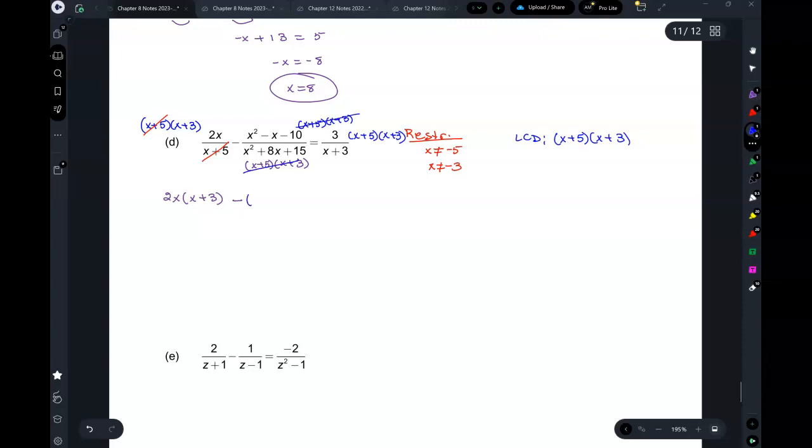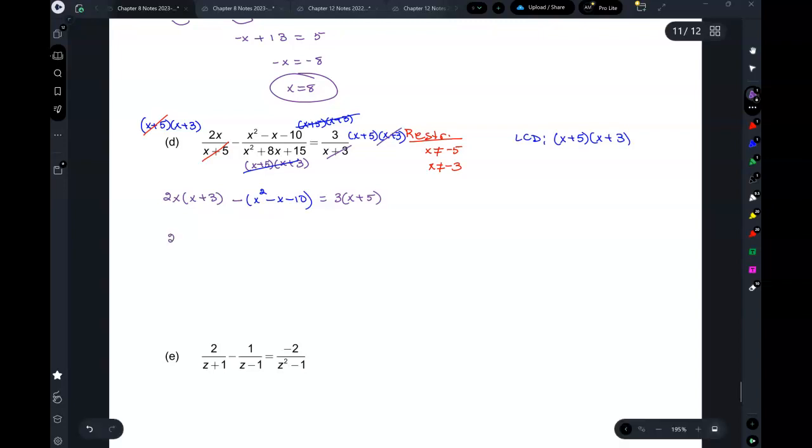So in parentheses, I have x squared minus x minus 10 equal to, the x plus 3's go away, so 3 times x plus 5. Do you see what I'm doing? I'm not canceling everything and then writing them. I'm writing at each step, because the most common mistake is people just don't see that there was a 2x there or there was a this. So make sure you keep track of every single term.